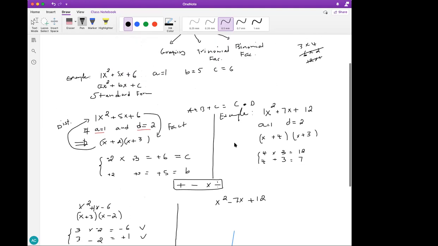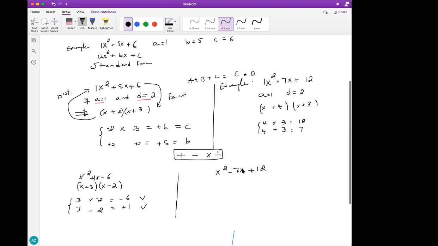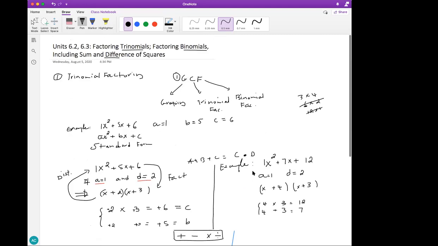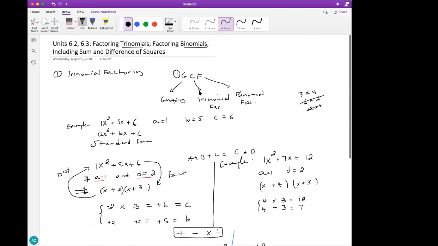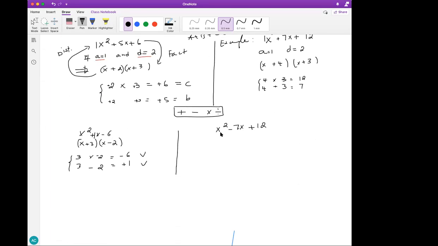As always, can we use GCF? Do we have a common factor here in this trinomial? No. So if you don't have a common factor, that's when you try one of these. Obviously, it has 3 terms. We're going to try trinomial. Can we write the parentheses right away like this and put x and x? Yes. Why?